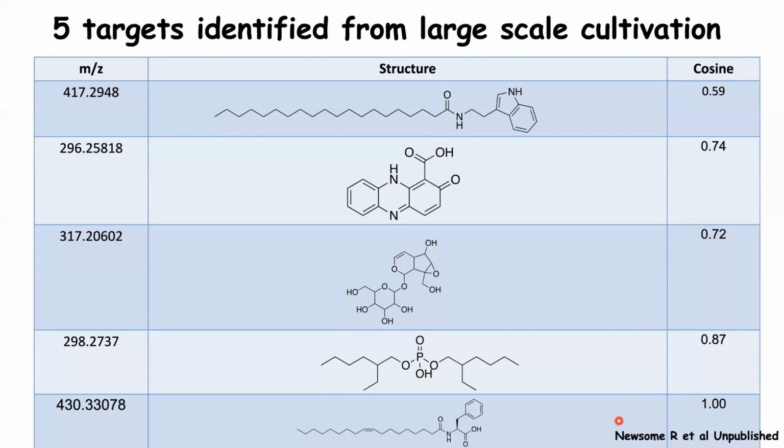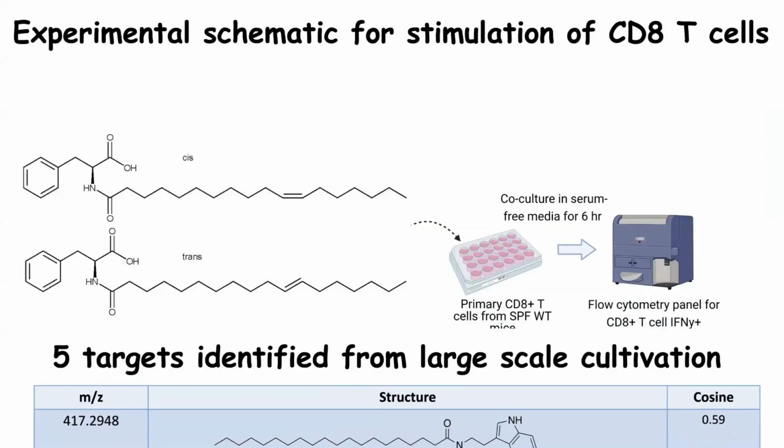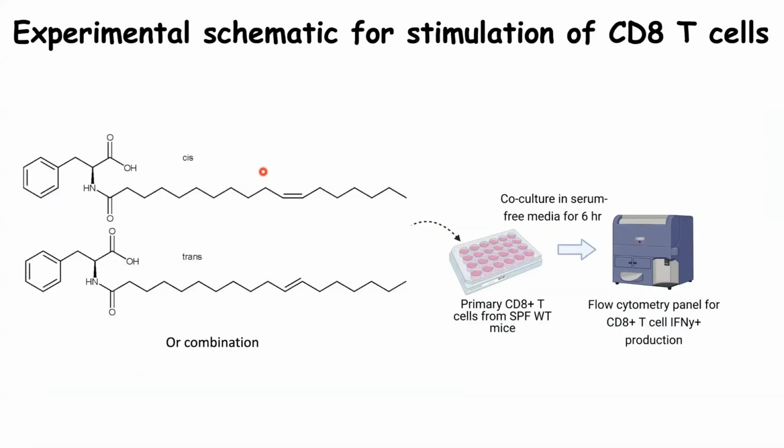That one here, 430 mass to charge ratio, was very interesting because our 3 different identification pipelines agreed that that was the molecule structure. So we synthesized that molecule, right? We synthesized this molecule that exists in 2 different conformations, cis and trans, and used it in our screen again. So this time we don't use supernatant anymore. We use a molecule we identified within that supernatant.